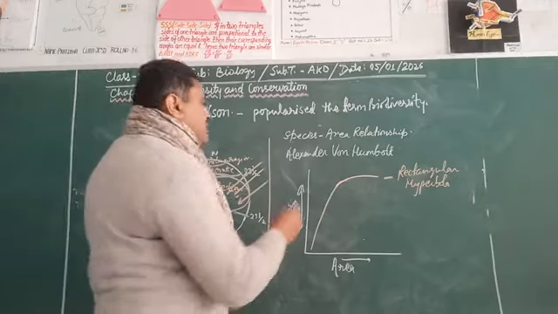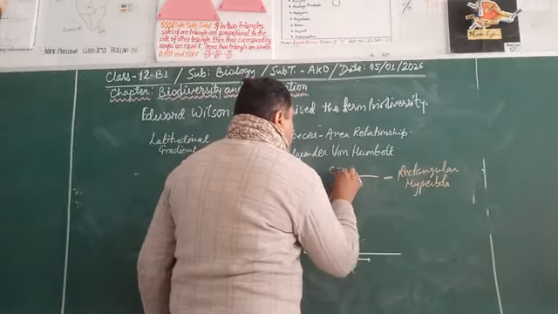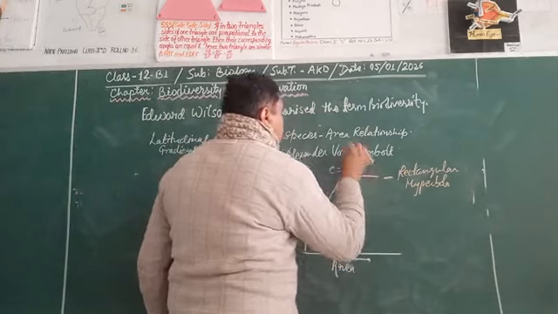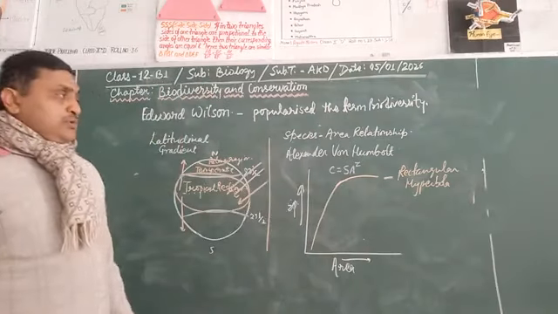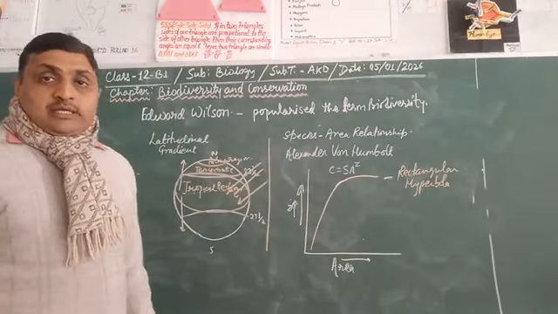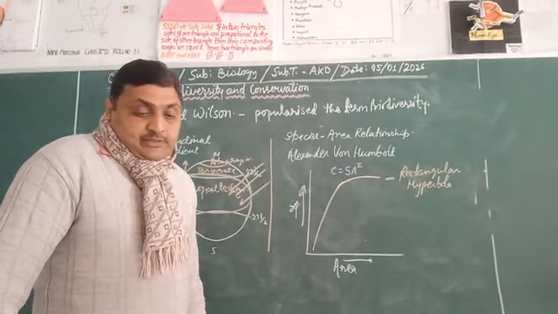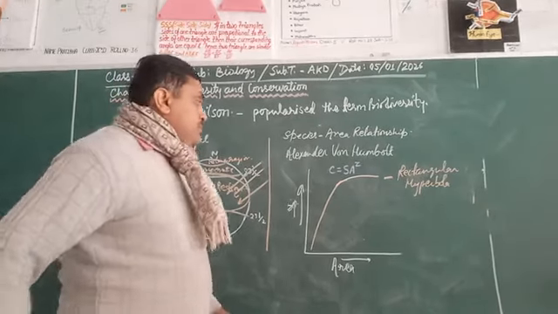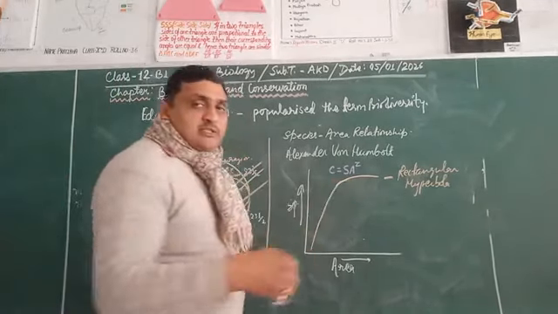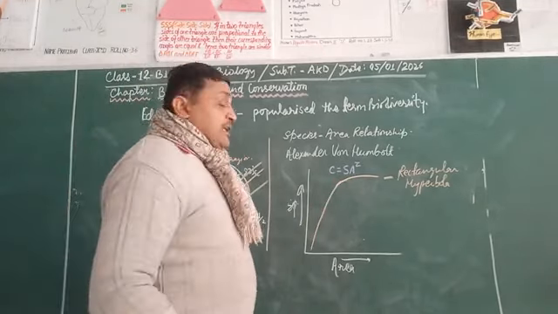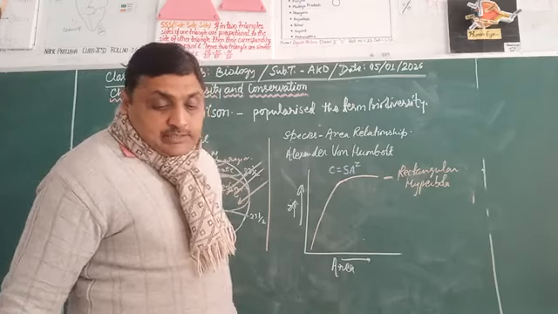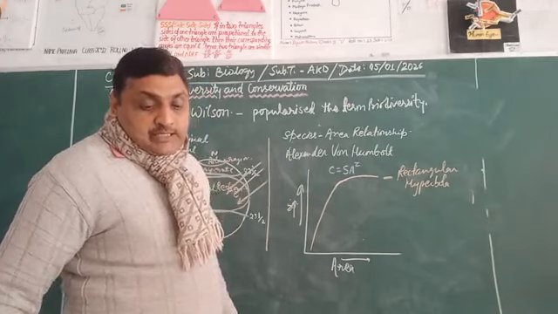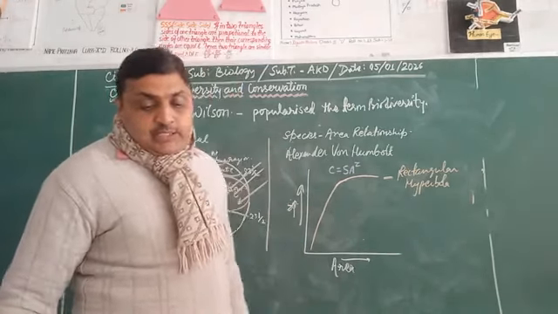The equation is C = S A to the power Z, where S represents the species richness, the number of species, A represents the area, C represents the y-intercept, and Z represents the slope.